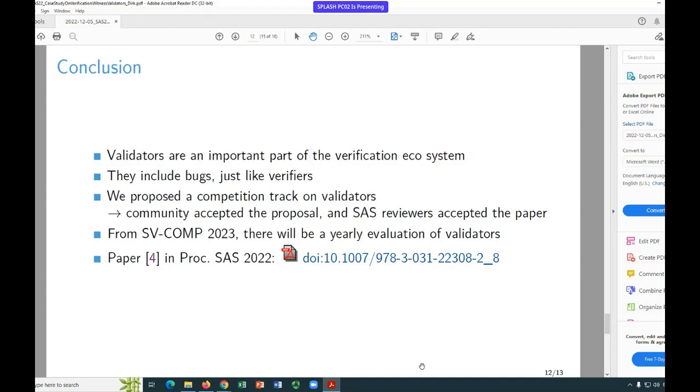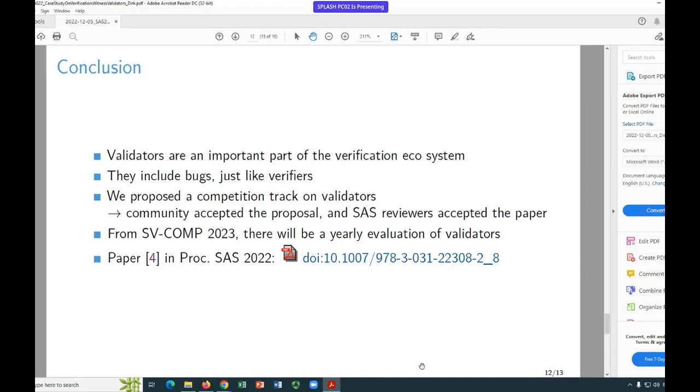Then I can have a look at the witness that I produced and find out why it is considered wrong, and then I can fix the program and submit to the benchmark repository a merge request that contains the fix, and that shows actually why, for example, the error path that I found is really a bug, right?